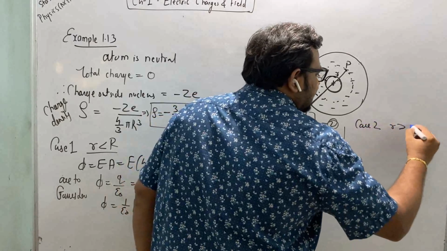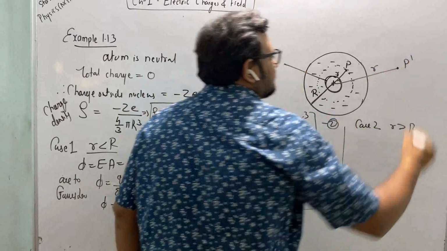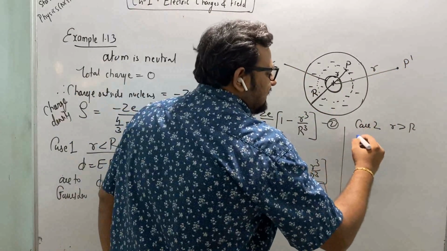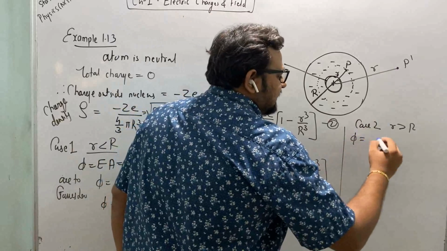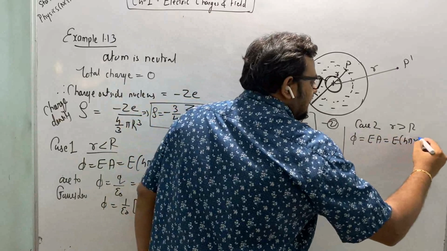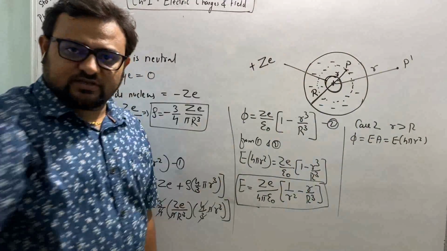When I take case 2, that is r greater than R, again when I'm taking flux, that is equal to EA, E into 4 pi r square, for this imaginary spherical surface. Clear?